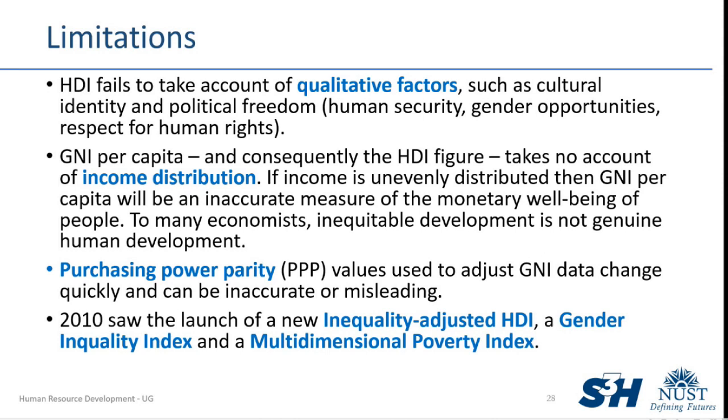GNI per capita does not account for the income inequality, but they have created an income inequality version of HDI. Now you can have a look at it, but the traditional version does not have this.